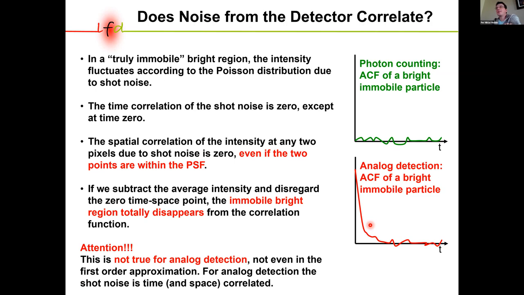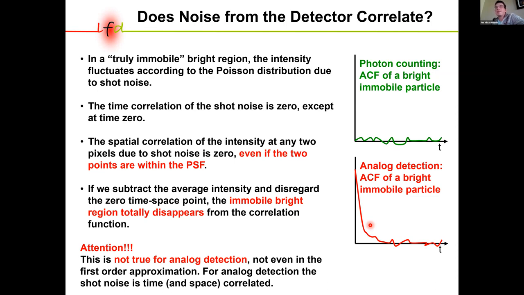The spatial correlation of the intensity at any 2 pixels due to shot noise is 0, even if the 2 points are within the point-spread function. So that's a positive: we should not get correlation just from that. The idea is if we subtract the average intensity and disregard the 0 point, the immobile fraction should disappear from the correlation function.